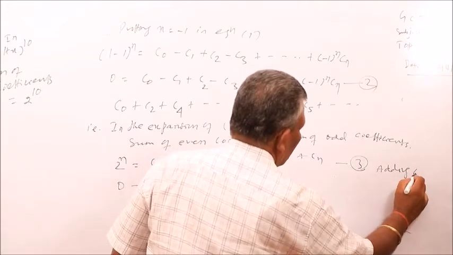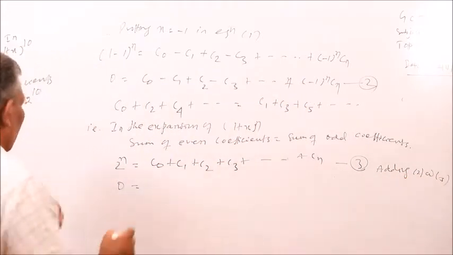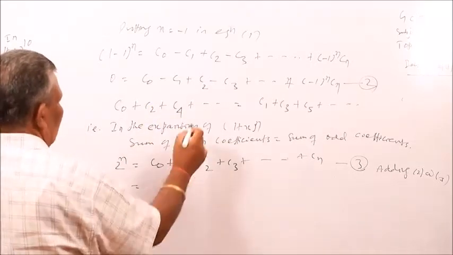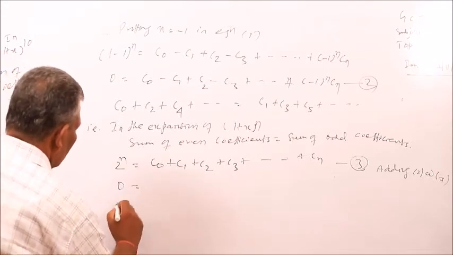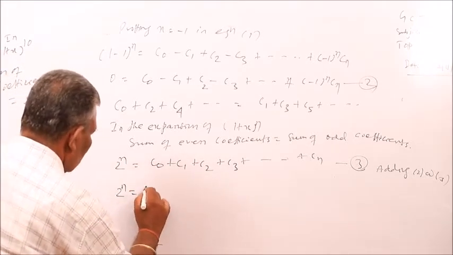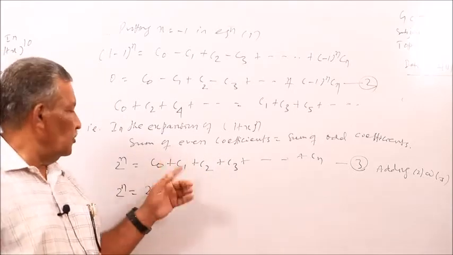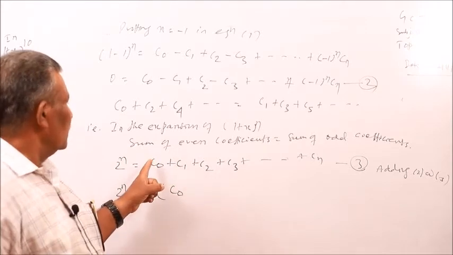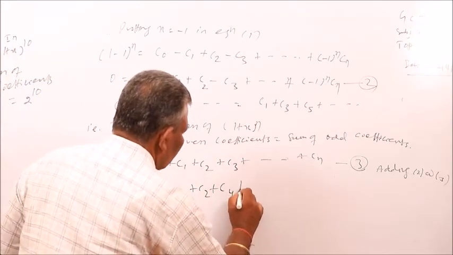Adding 2 and 3, what happens? The negative terms will be cancelled, C1 will be cancelled, C3 will be cancelled. So 2^n equals 2 times the remaining terms, the even coefficients C0 + C2 + C4 and so on.